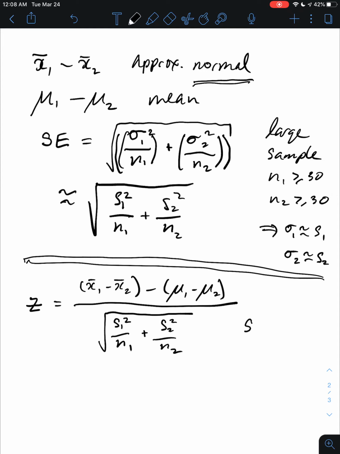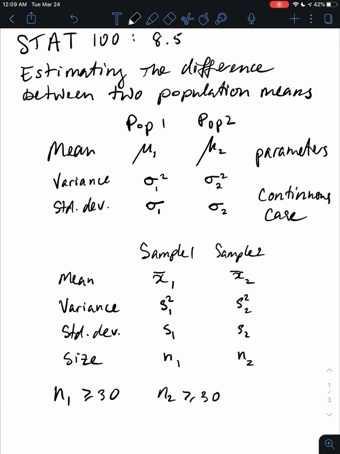This, by the way, is another statistic. I think I forgot to mention that these are all, of course, statistics, meaning that they are based on a sample. That's all that we mean by a statistic. These are based on samples, whereas parameters are based on the population.